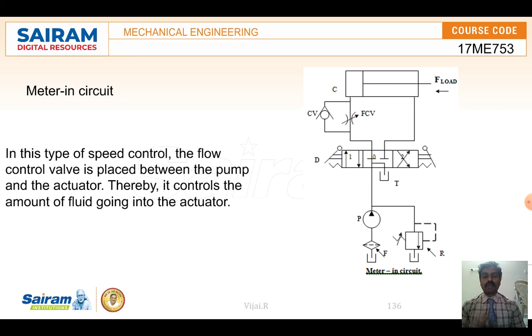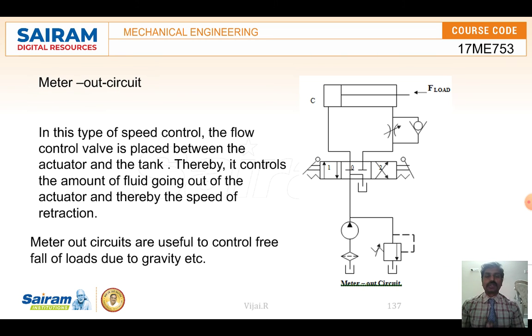Suppose I want to control the retraction stroke very slowly. At that time, what we can do is the reverse: we can keep the flow control valve in the direction from actuator to pump, when the fluid is moving from the actuator back to the pump, the return.